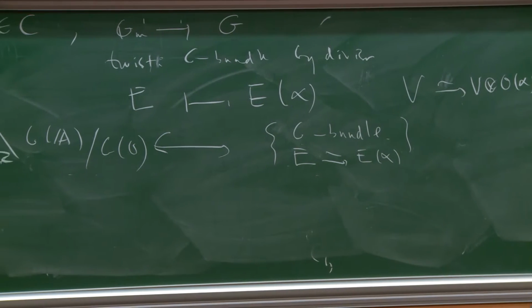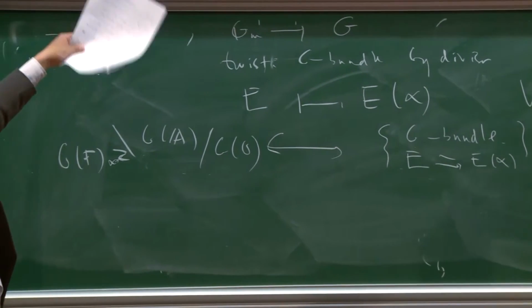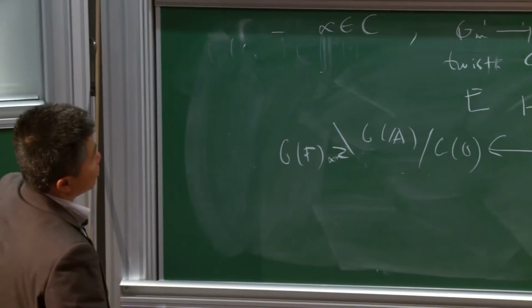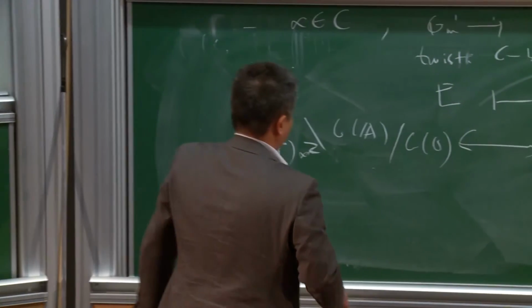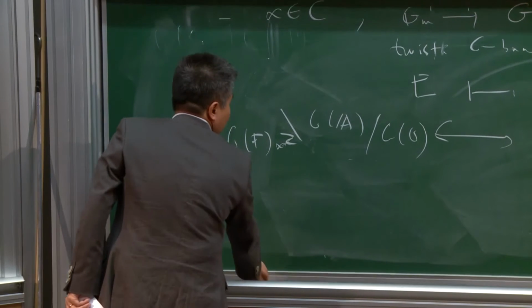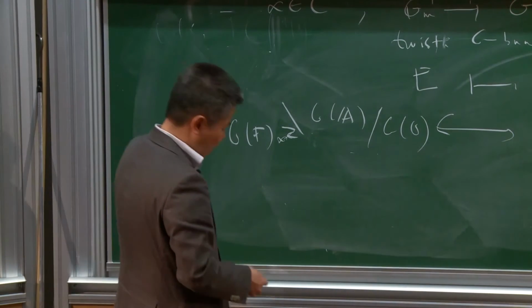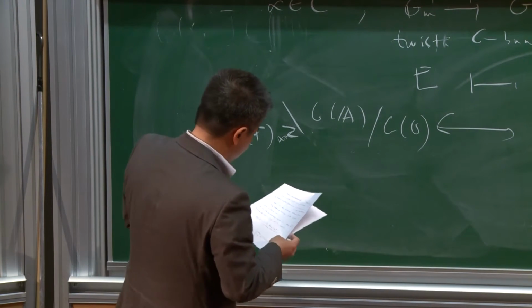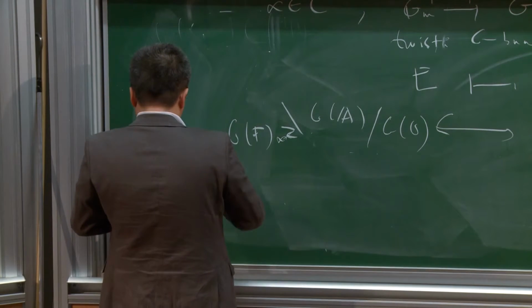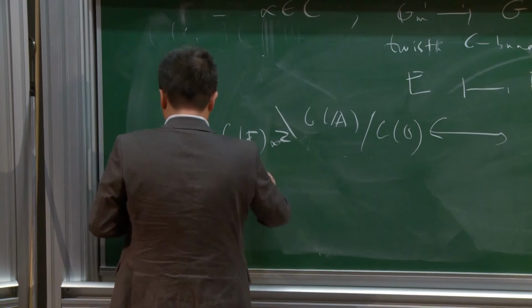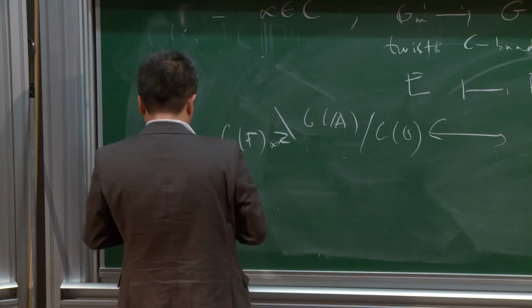Now, when you look at the geometric side, the orbital integral, it is quite easy to guess that you want to look at endomorphisms of vector bundles or of G bundles.